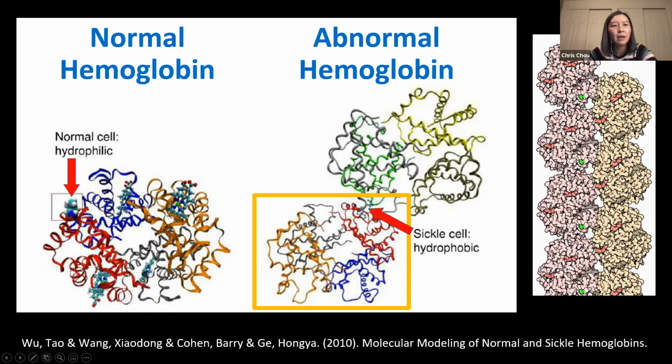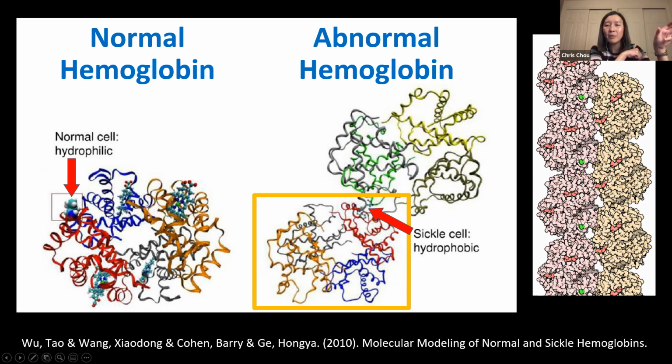That amino acid side chain, glutamic acid, is hydrophilic. What that means is as the protein is folding, that chemical group is attracted to water and tends to face the outside of the protein, right there on the left.